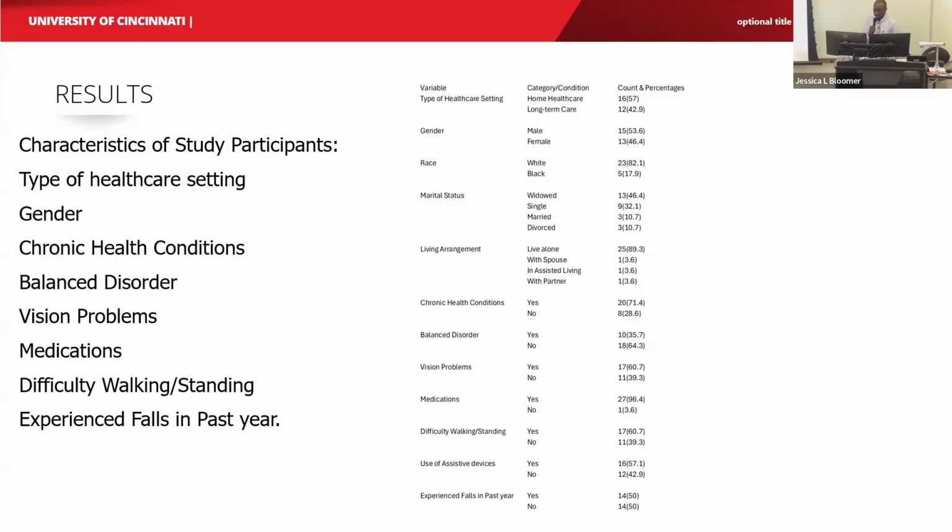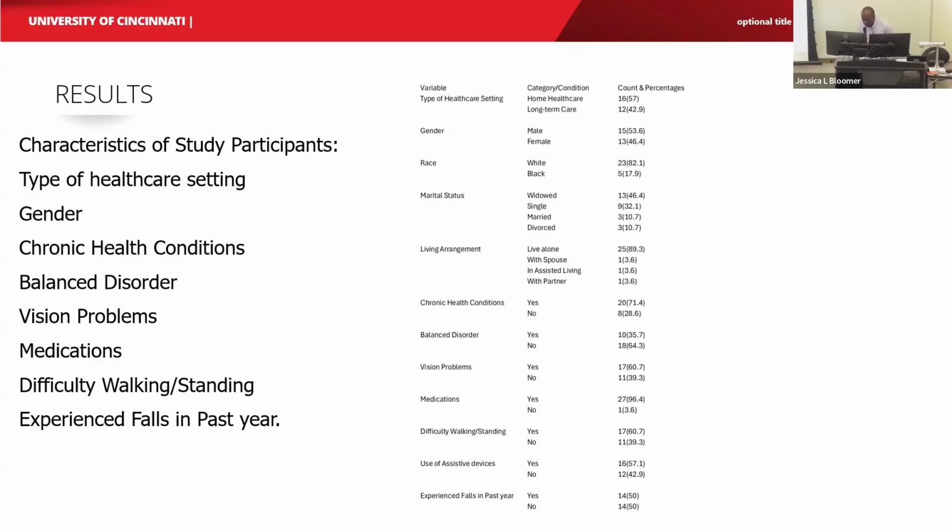And we looked at the type of healthcare setting, home healthcare and long-term care. And in terms of race, we had more white people than Black, and also all participants had chronic health conditions.